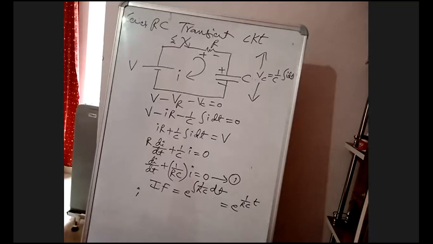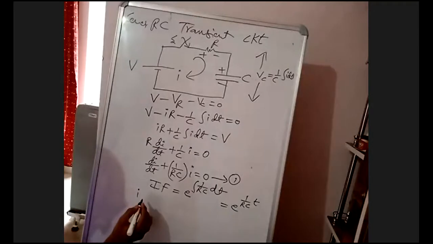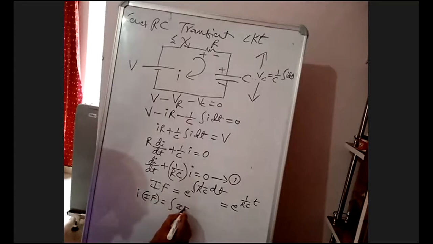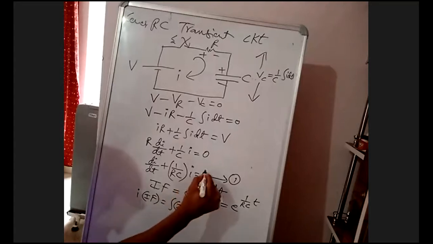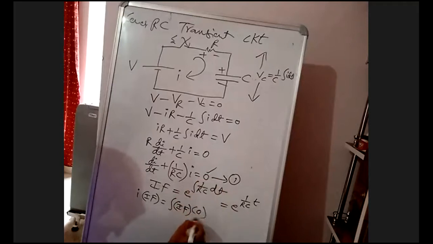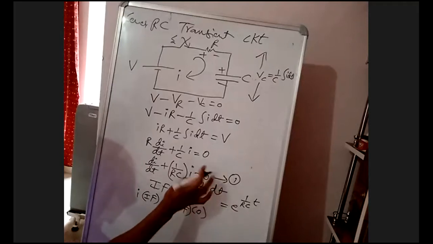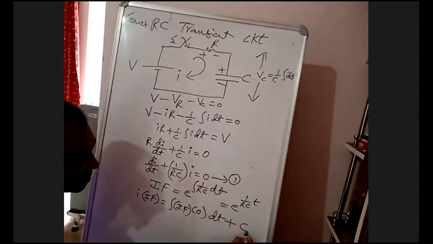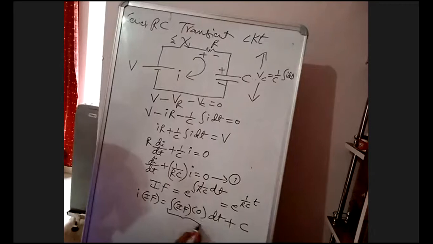Now I have to determine the solution for the current. Current equation I have to define. See here, your constant is 0. Your k value is 0 here. So now this entire term is 0.